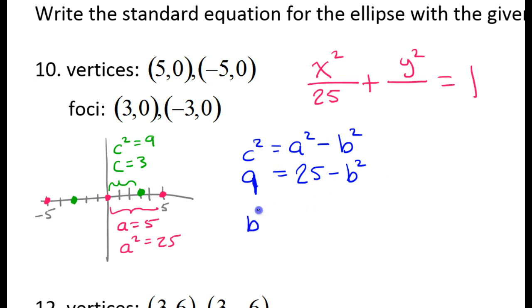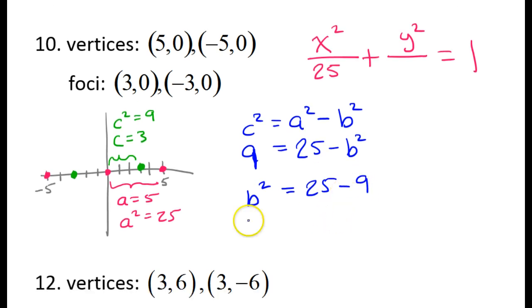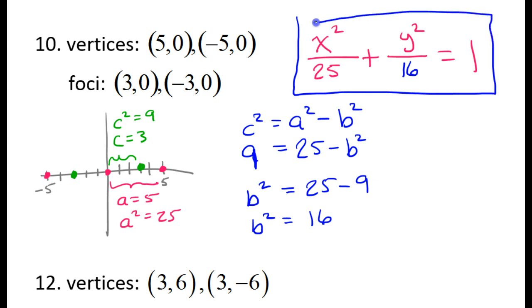So the b squared will end up over here, and the 9 will end up over here. So this means that b squared is equal to 16. So the b squared goes here. So this is a standard form equation of the ellipse that has these vertices and these foci.